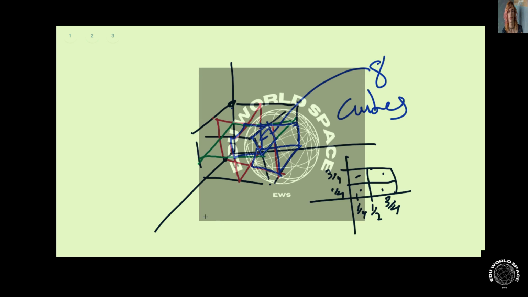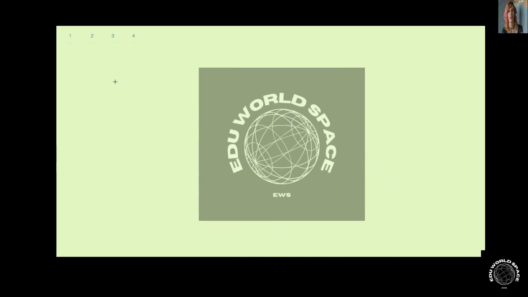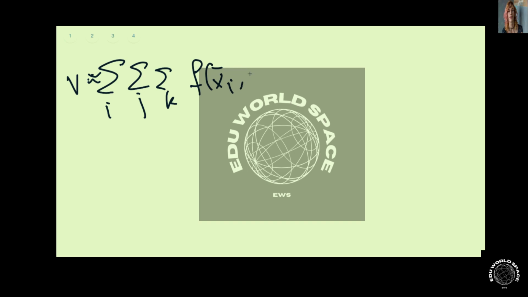So we're going to be permuting 1/4, 3/4 in x, y, z coordinates. Okay. So remember that our volume is I, J, K. The sums over those of f of xi bar, yj bar, zk bar, delta volume.